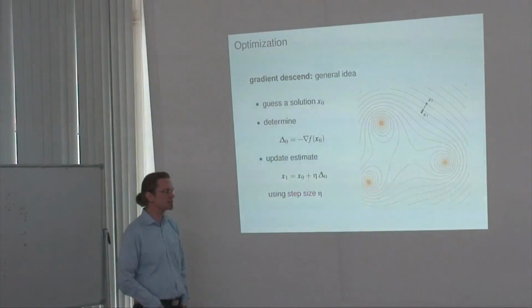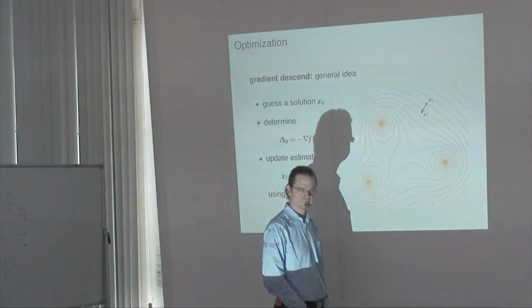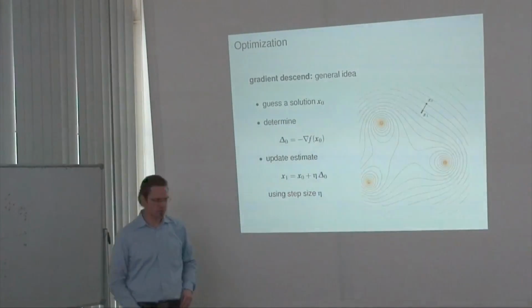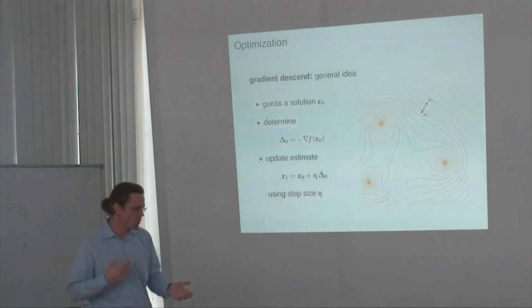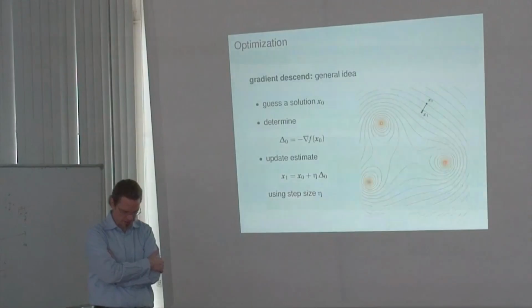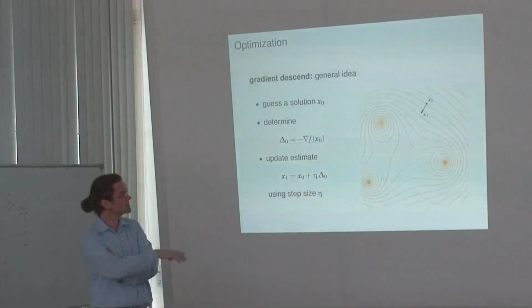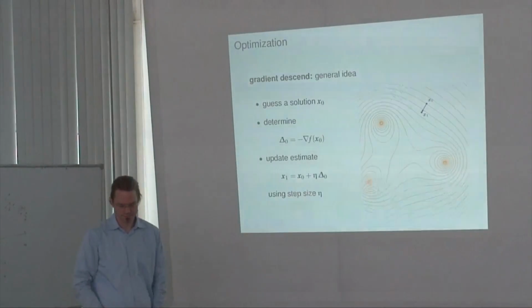But if we scale it, say by a factor of 2, we do something like that. This eta here is called the step size. It allows us to control how much we want to step in the direction of the negative gradient. Because we are talking about minimization, the negative gradient will always point downhill.